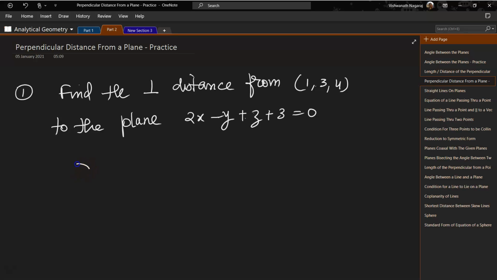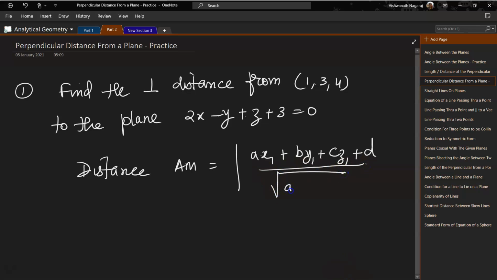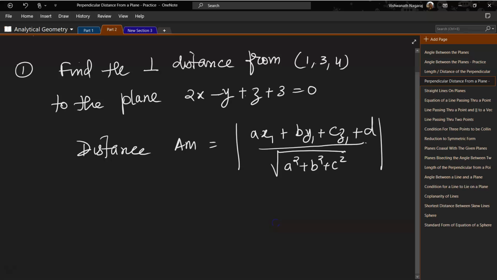So the distance would be equal to the magnitude of, because we are not interested in distances, can't be negative, Ax1 plus By1 plus Cz1 plus D divided by square root of A square plus B square plus C square. This is the formula. So let's just do the substitution.